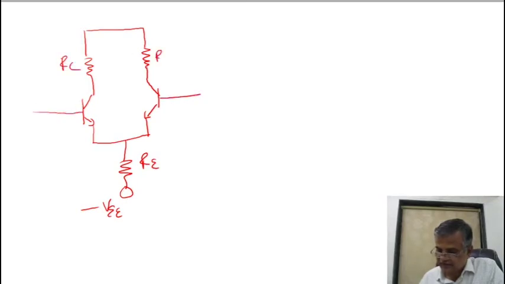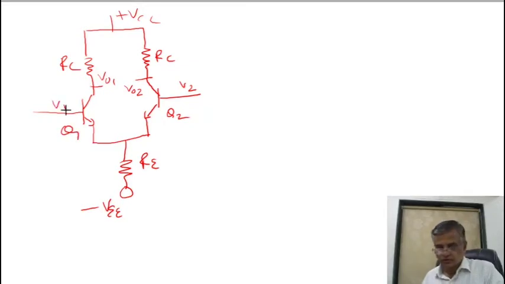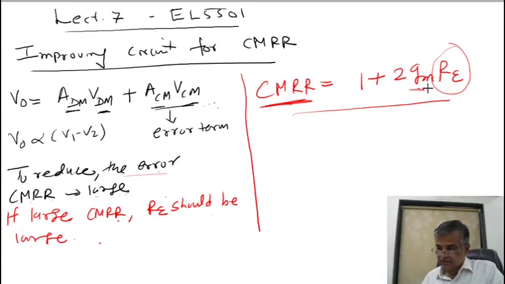This is RC, this is RC, this is plus VCC, this is your VO1, this is your VO2, this is your V2, this is your Q2, this is your Q1, this is V1. In a previous page we have seen that if you want to get a large value of CMRR, RE should be large.